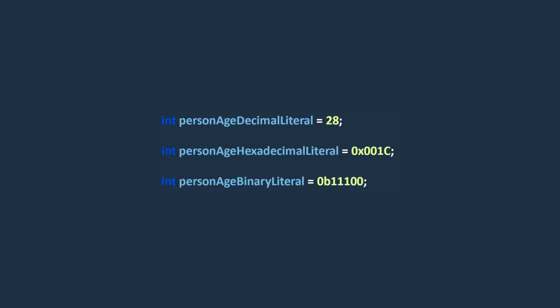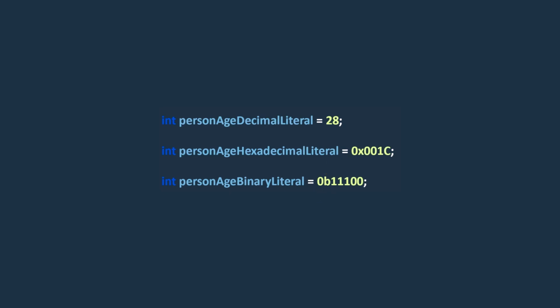Okay, now let's give you some tips about hexadecimal and binary literals. A hexadecimal literal starts with 0, lowercase or uppercase x, followed by a hexadecimal number like 001c. A binary literal starts with 0, lowercase or uppercase b, followed by a binary number like 11100.